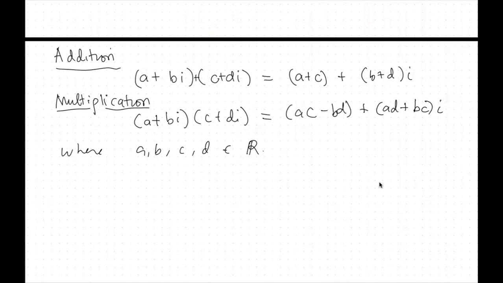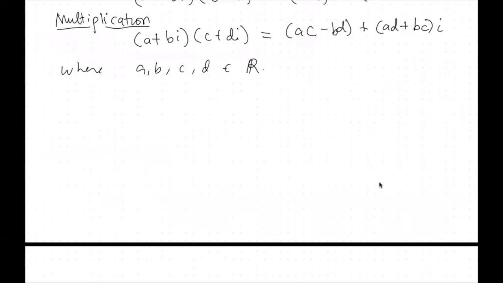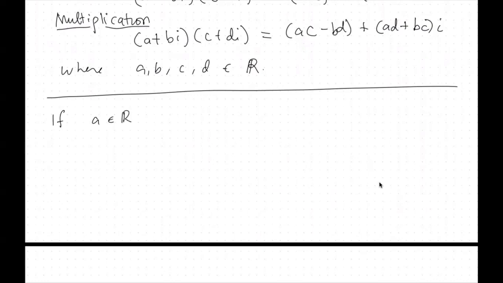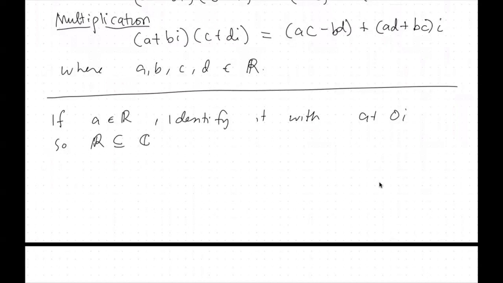So that's the definition. Some remarks: if a is a real number, you can identify it with a plus 0i, so that our set of real numbers sits inside the set of complex numbers where the imaginary parts are just 0.